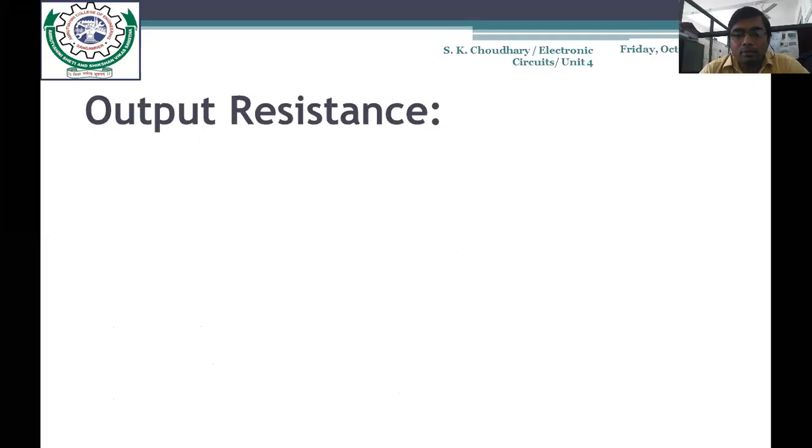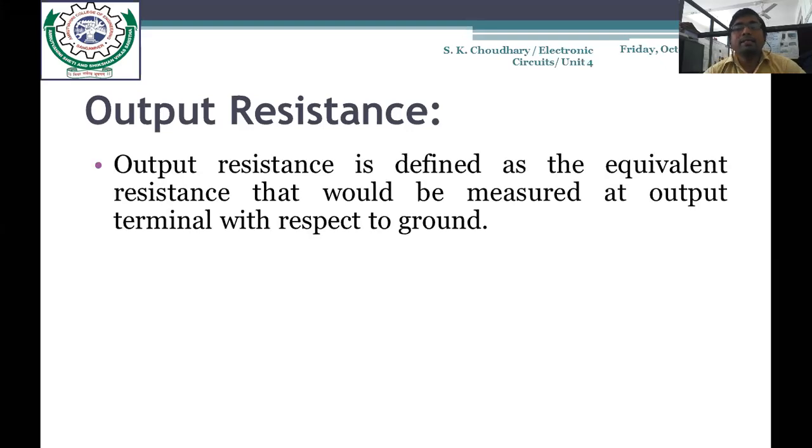Now we have to move to the calculation of the output resistance. The output resistance is basically defined as the equivalent resistance that would be measured at the output terminal with respect to the ground. Okay.